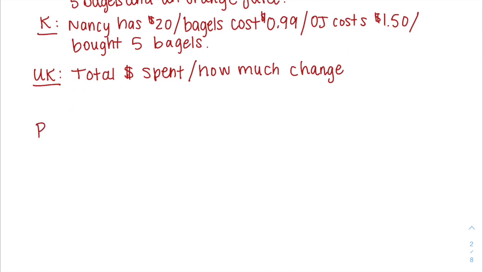All right, so we are going to start with a plan. Step 1. First thing we have to do is write an expression for the total amount spent.